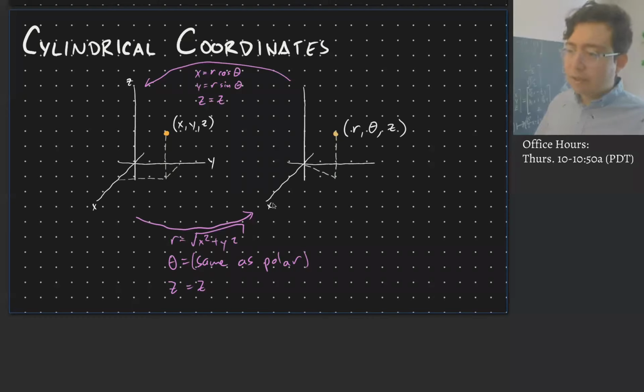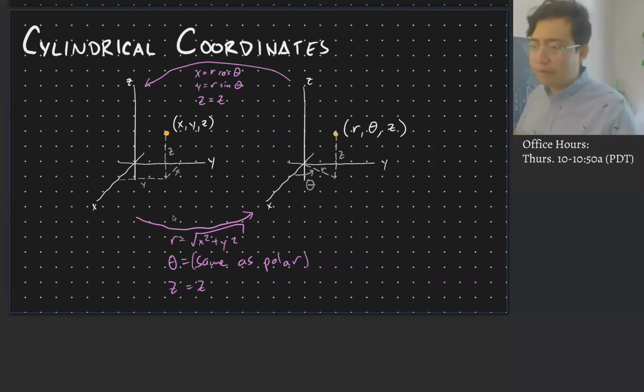So this is still the same X, Y, and Z, which is why the angled part is down here. If I label this, this angle here is theta, this distance here is r, and this distance here is z. That's where your coordinates are coming from.